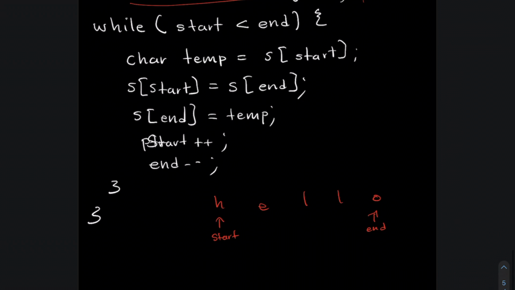Then we go through our while loop and we're saving temp, whatever the value is at the start. Here the value is H, and we're saying that the array index at start, we're going to take whatever is at the end and swap it.